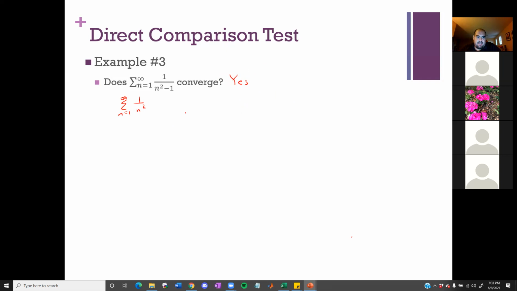So if we try to set this up, we know that the series 1 over n squared converges. So we need 1 over n squared minus 1 to be less than that. But is it? Same problem as before, I have to change the indices. Is this inequality true?